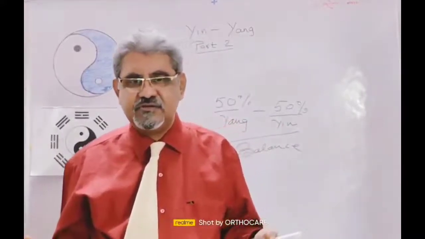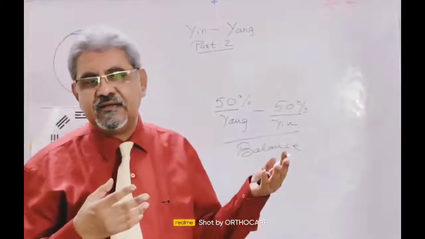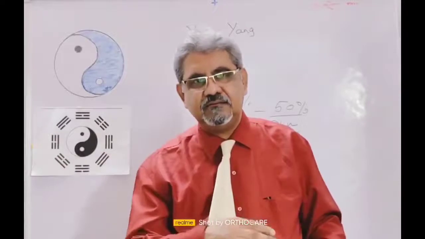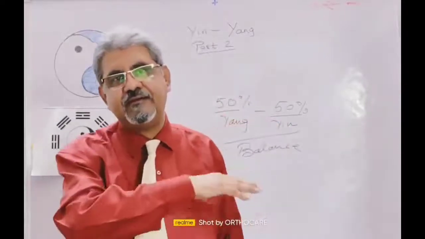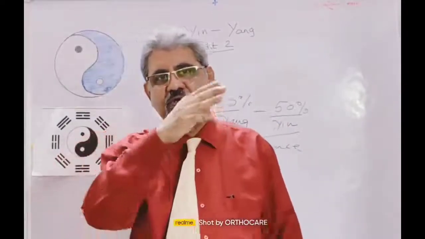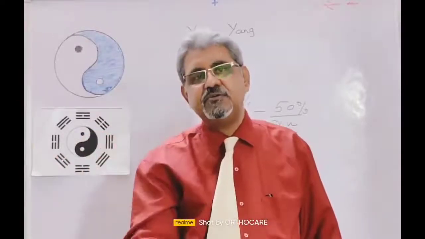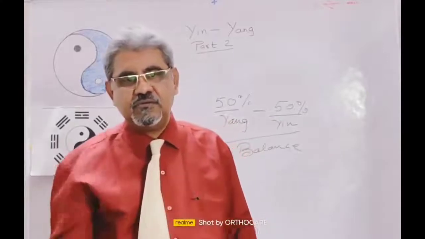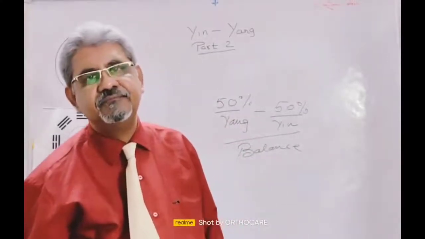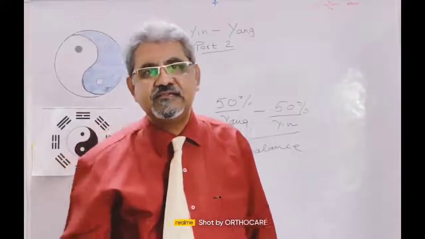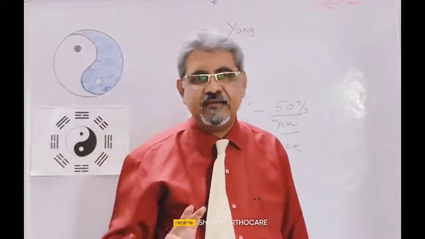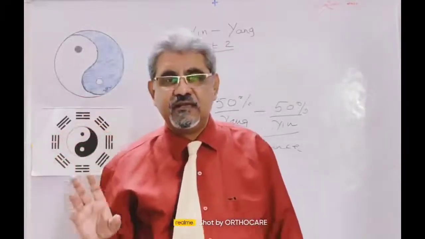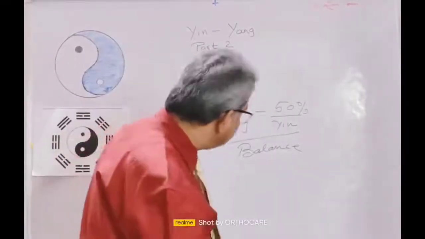During certain situations, there are exchangeable states, like I showed you: summer changing to autumn, autumn changing to winter, winter changing to spring, and spring changing to summer. So this yin and yang has its own changing capacity, and when they are exchangeable into a state, it differs to yin and yang. Let's take an example.